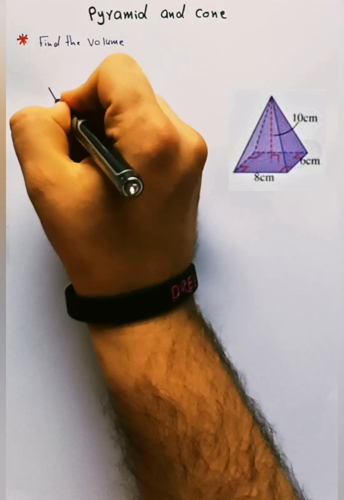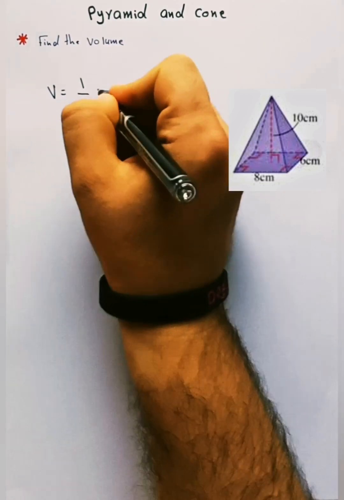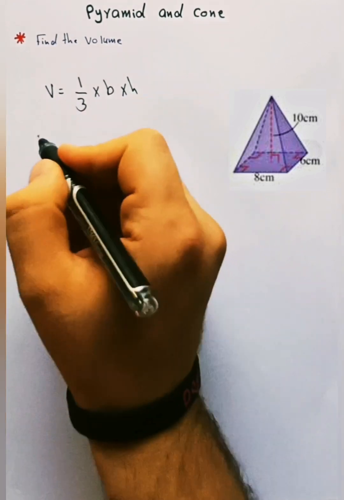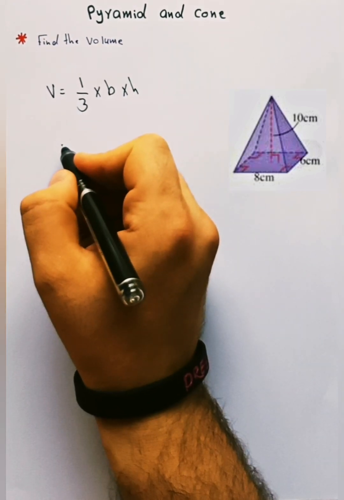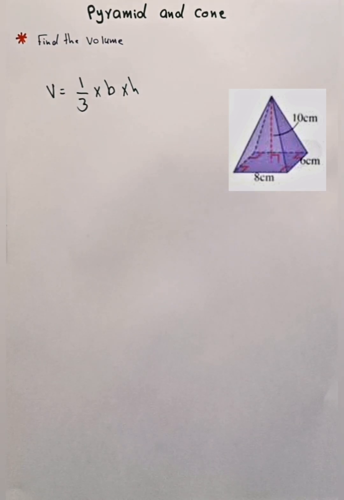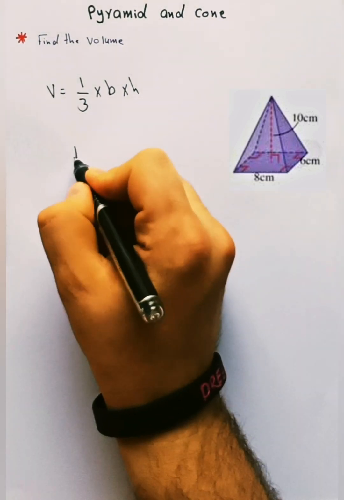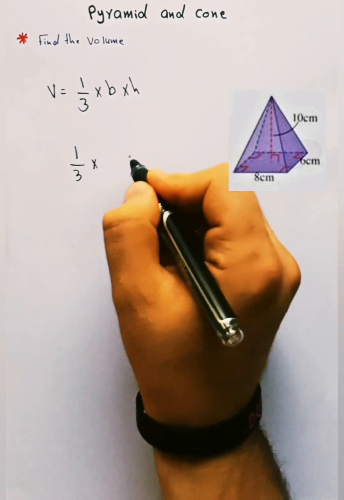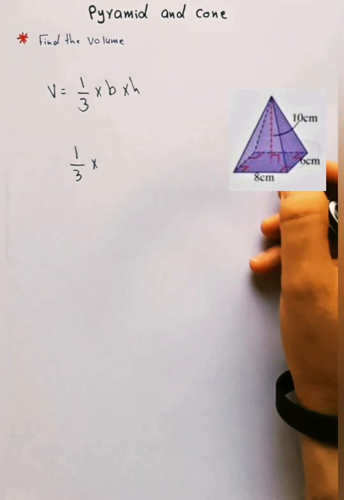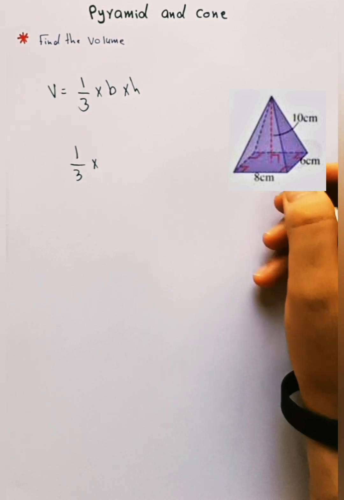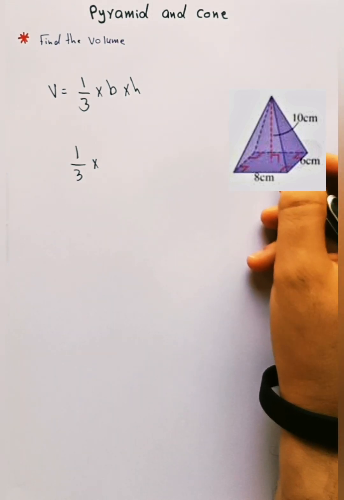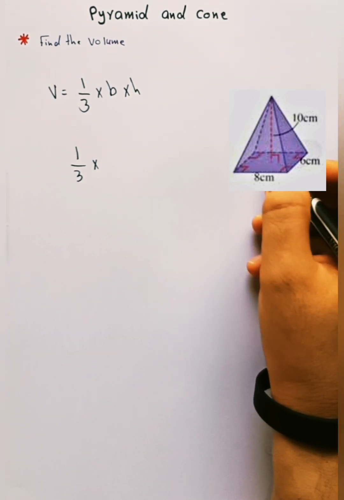After that, another example, you have to find the volume for this pyramid. So the volume rule is 1 out of 3 multiplied by the area of the base multiplied by the height. The base is a rectangle, so you have to use the rule for a rectangle. The rule for a rectangle is length times width, 6 times 8.